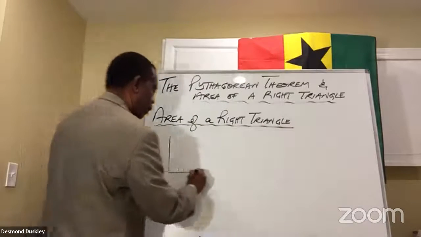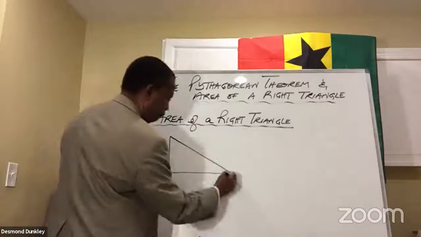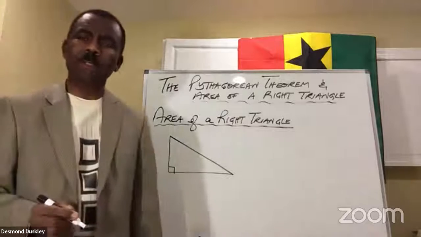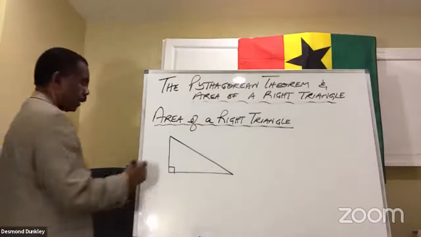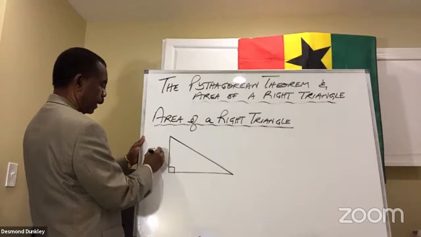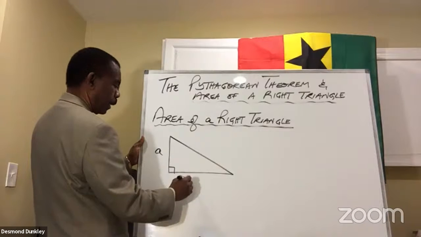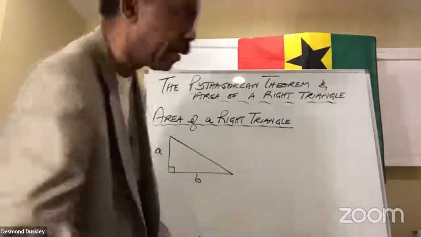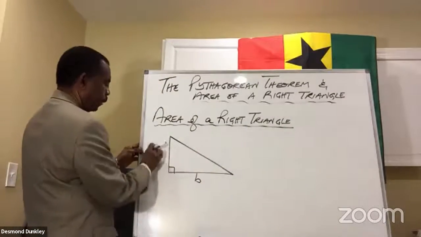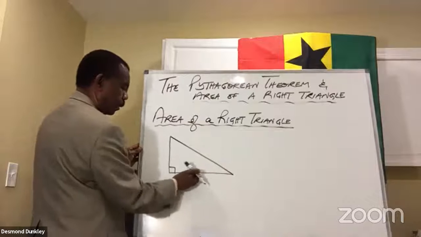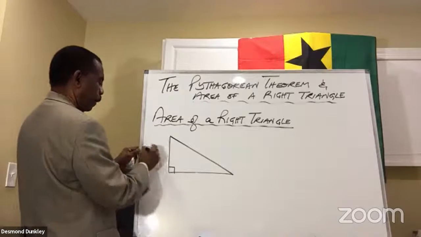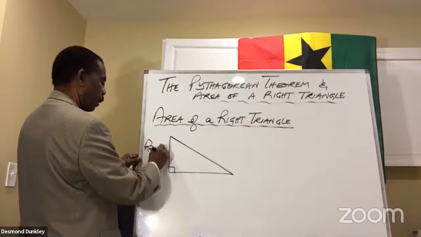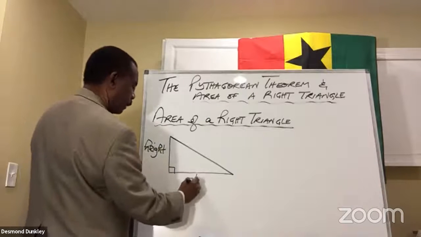Okay, so if we go, remember, it has to be a right triangle, okay? So, if this is A, and this is B, actually, I like to use, this is the height, and this is the base.